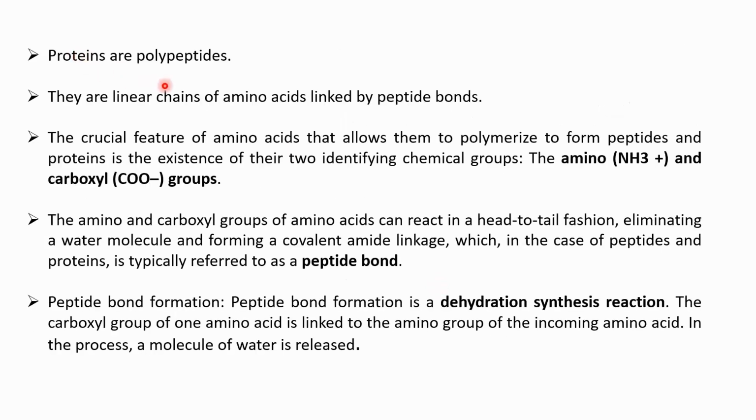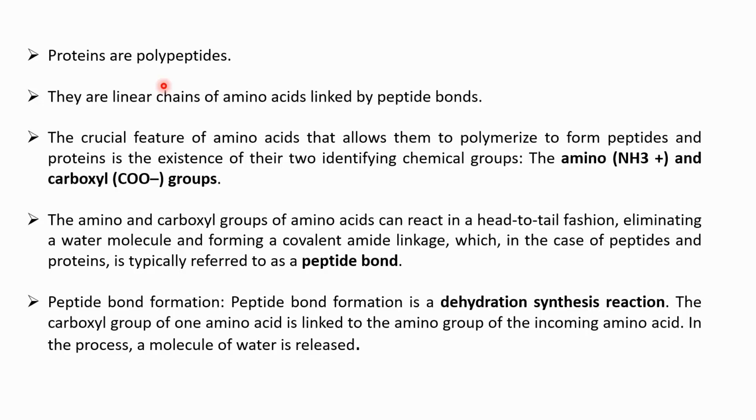We can say that proteins are nothing but polypeptides. Peptides are the smaller chains of amino acids. When different peptides are arranged in a specific manner and form bonds in a specific manner to acquire a particular structure that has a functional role, they form proteins.